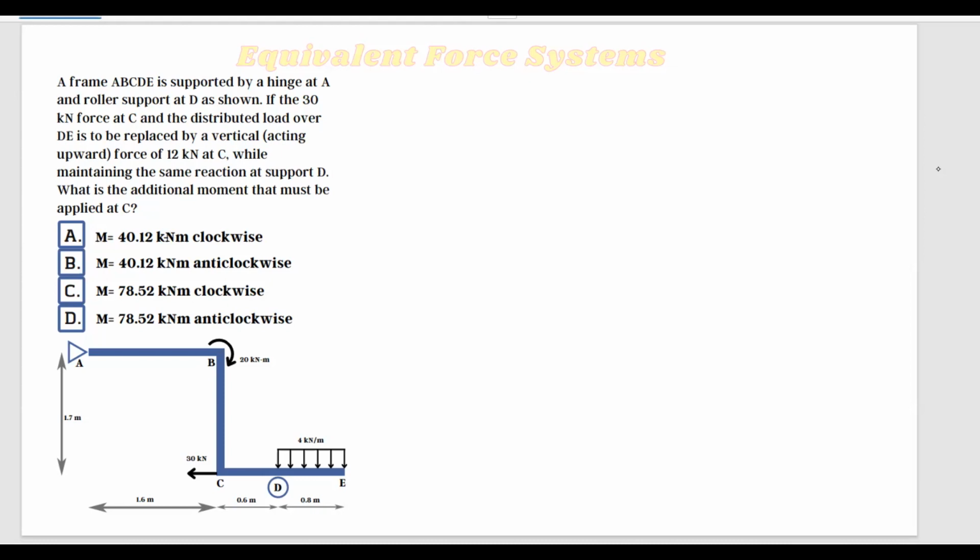A frame ABCDE is supported by a hinge at A and a roller support at D as shown.